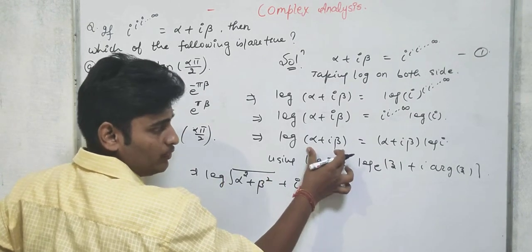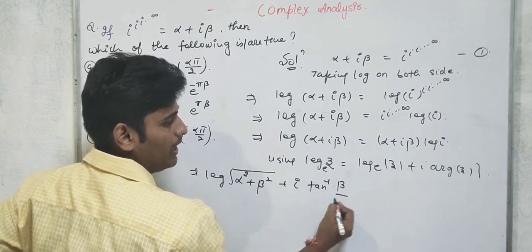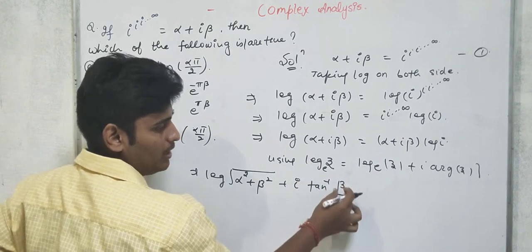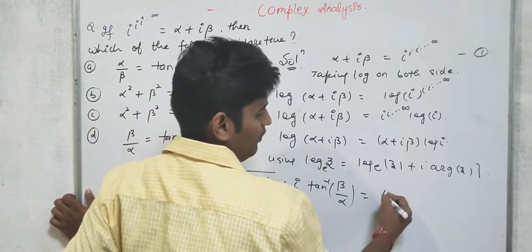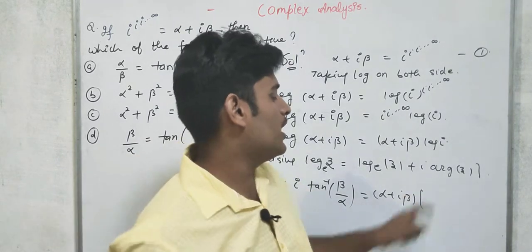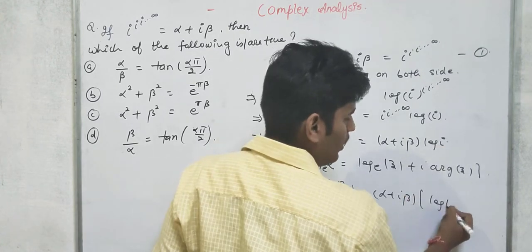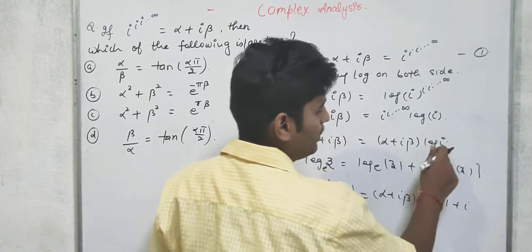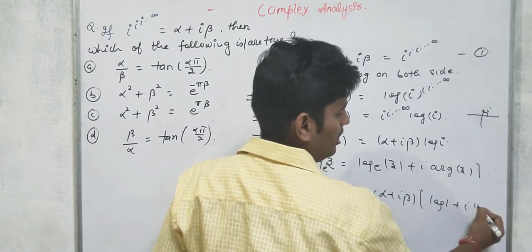What is the argument of this function? It is tangent inverse beta by, imaginary part upon real part, alpha. Okay, is equal to alpha plus iota beta. And what is the value of log iota? It is log of, what is the modulus of iota? It's 1, plus iota, and argument of iota, it is here, this angle, it is pi by 2.